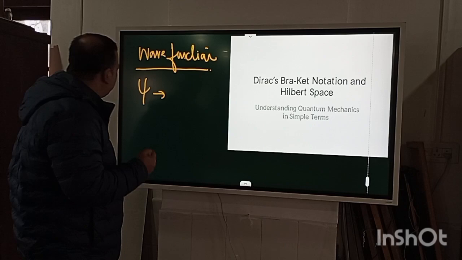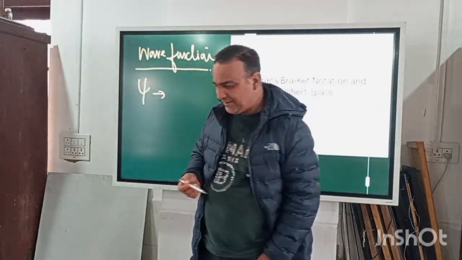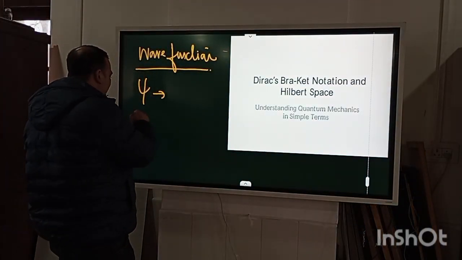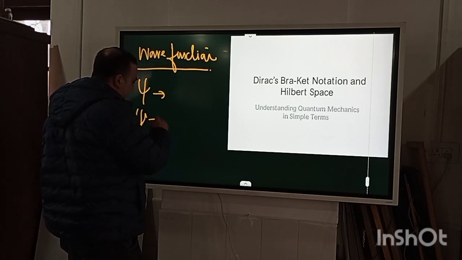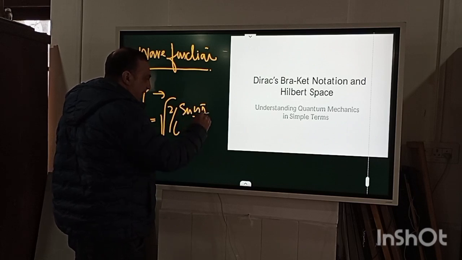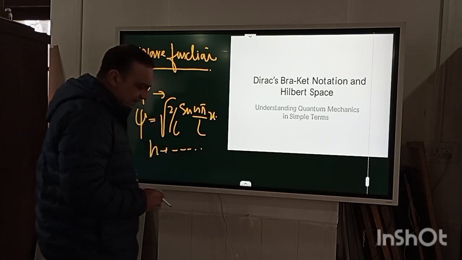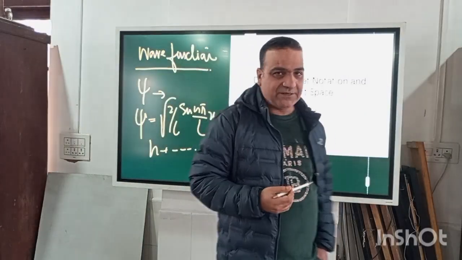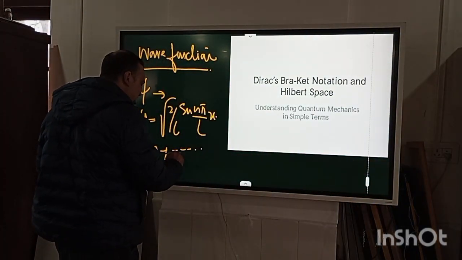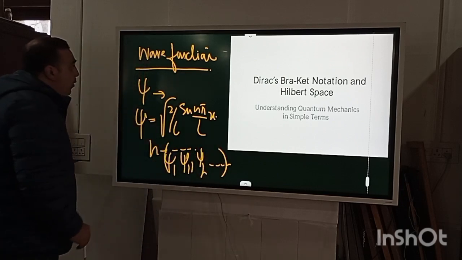If we take the example of a particle in a box, we obtained the wave function by solving Schrodinger's wave equation. The wave function that we obtained is an infinite array of sine of n pi x by L. Now this n can go on and on, so you can describe the overall wave function of this system as a linear combination of all the wave functions, psi 1, psi 2, psi 3, and so forth.